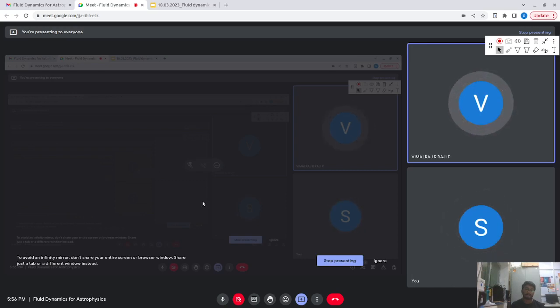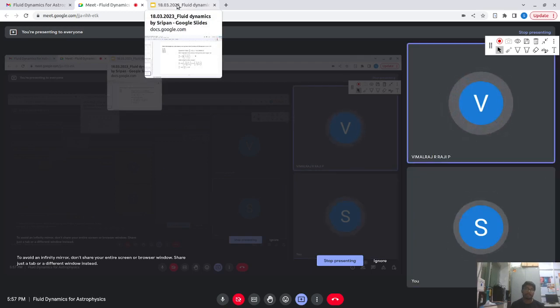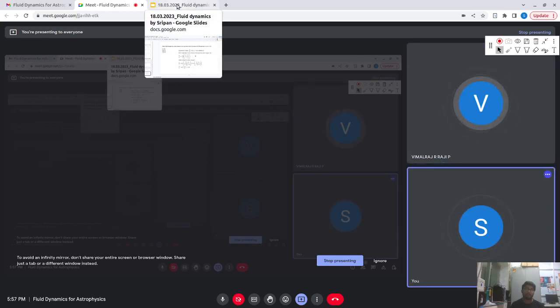Let me understand, except the derivation part is covered last time. Yeah, so derivation parts are a little bit lengthy, and it's not that easy to derive everything in class because it takes lots of time.